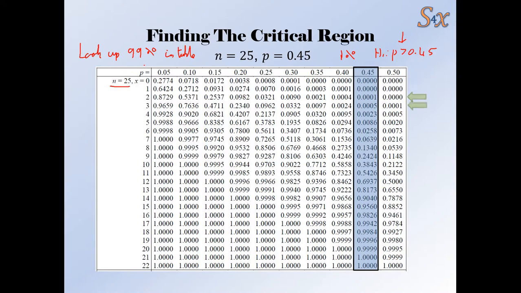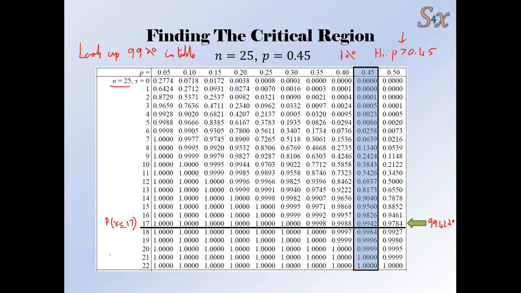So we work our way down until we find a value that's larger than 99%. And there it is. You can see in the blue highlighted column, we've got 99.42% there. And that is the probability x is less than or equal to 17.